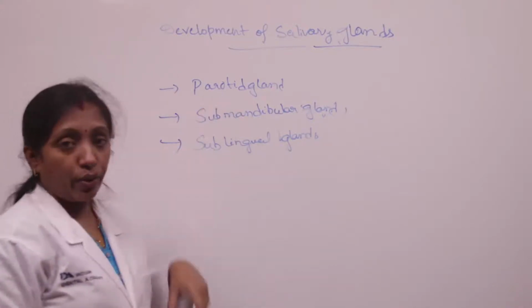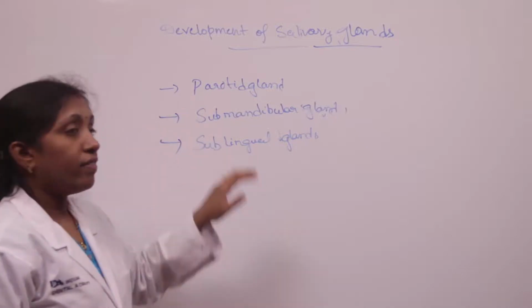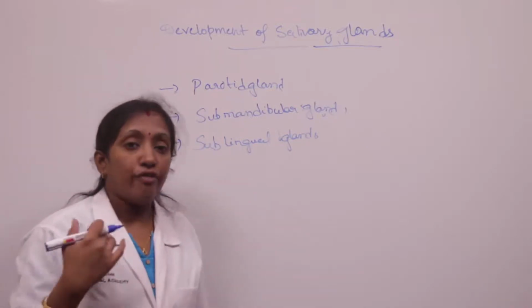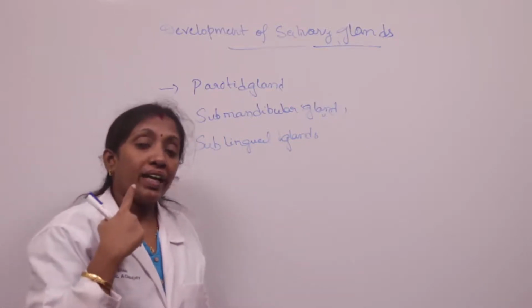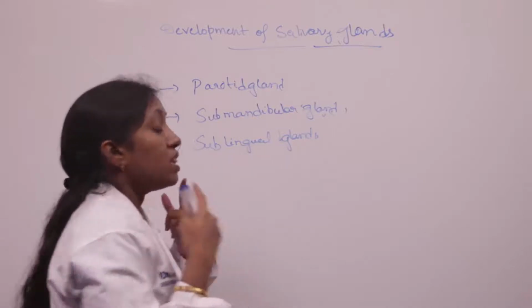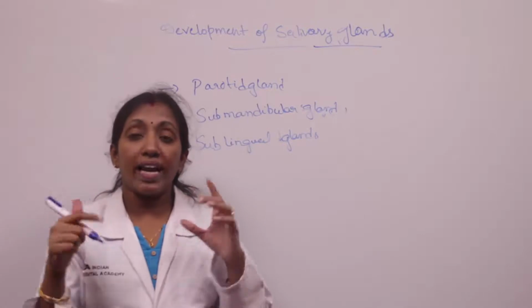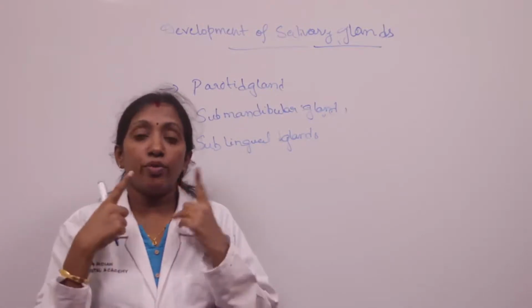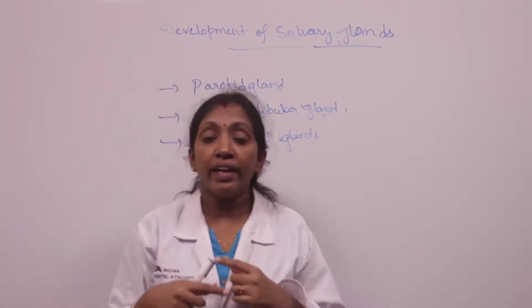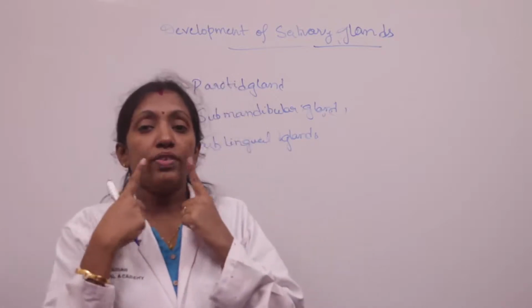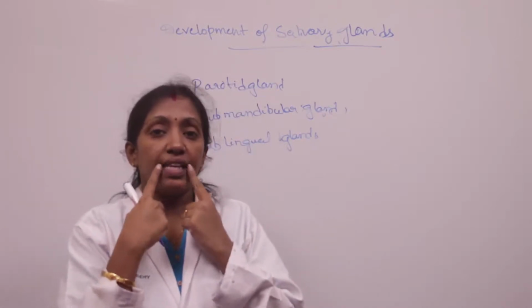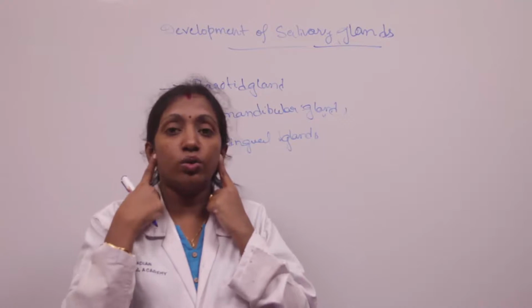Coming to the parotid gland, it develops as an ectodermal furrow from the angle of the primitive mouth. We know that at the primitive stage, before the formation of the face, the angle of the primitive mouth is situated anterior to the auricles.